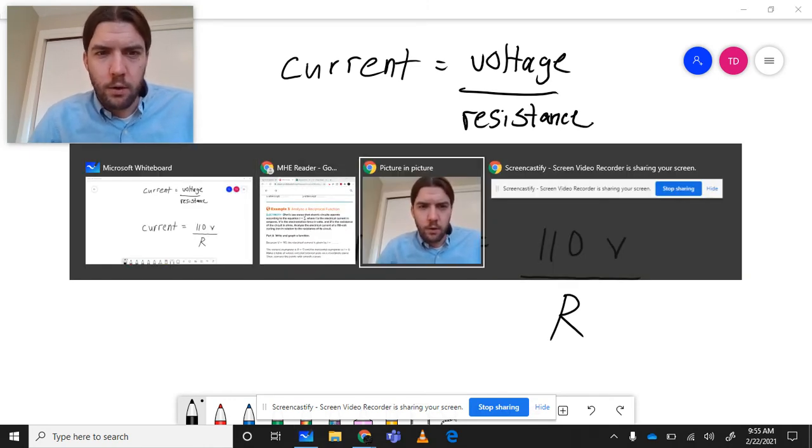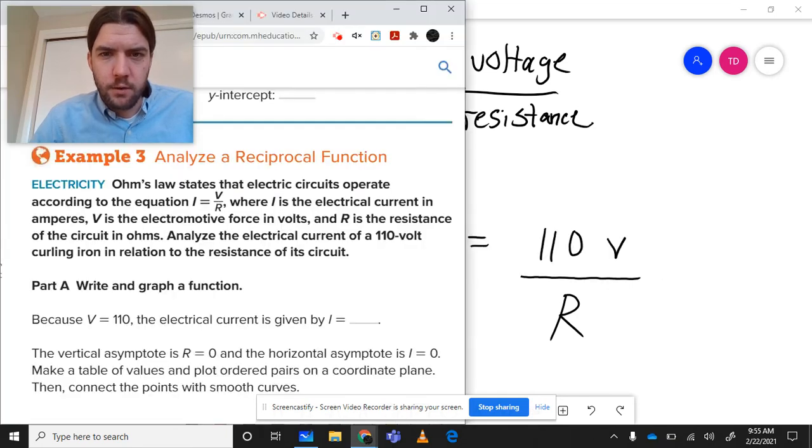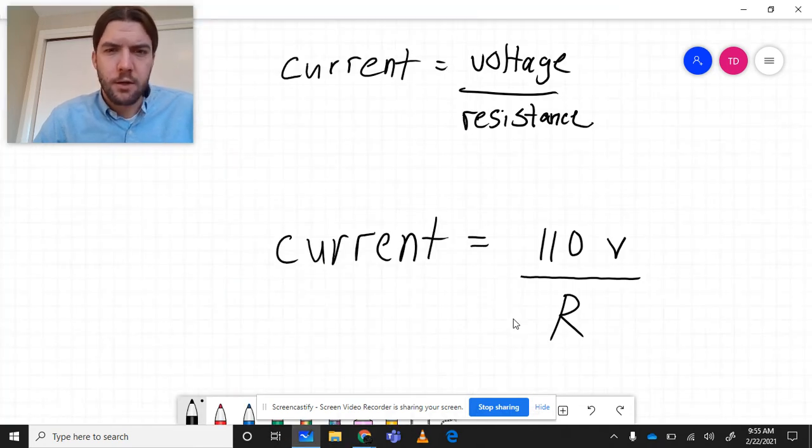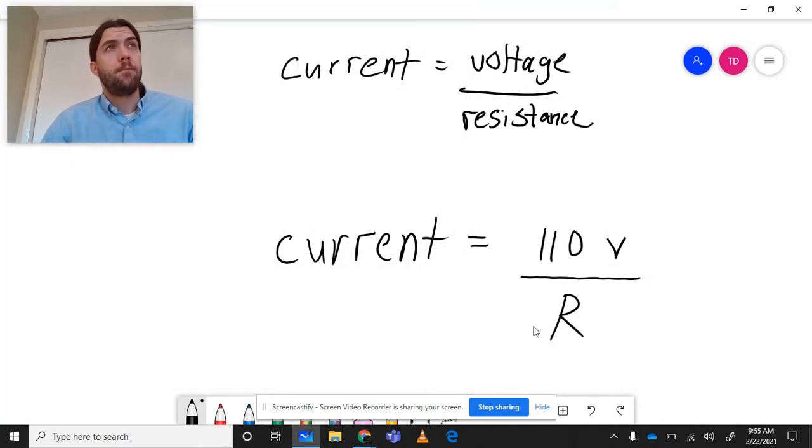So this is where, on the bottom of our equation, we're going to have some linear variable. And they're saying the resistance is variable. That could have to do with how you change the settings. If you imagine a hot curling iron, there could be low, medium, and high temperature settings. Well, that temperature is going to be based off how much current is going through.